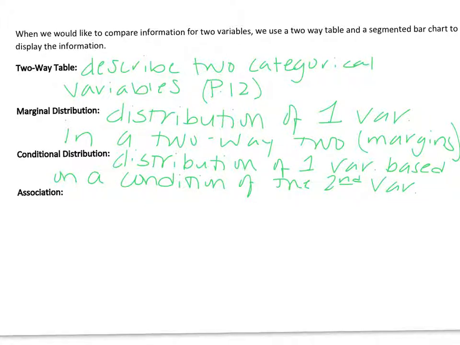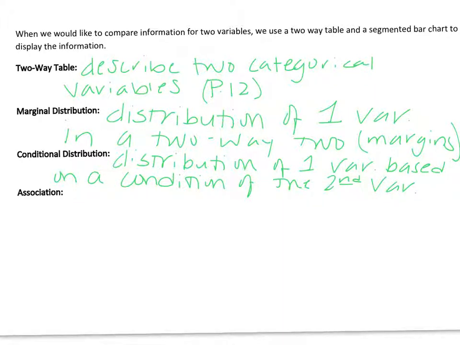If I'm comparing someone's opinion to their gender, a conditional distribution could look at the opinions, but only for one gender. For example, the opinions of only females or the opinions of only males. It has to meet some condition of that second variable.